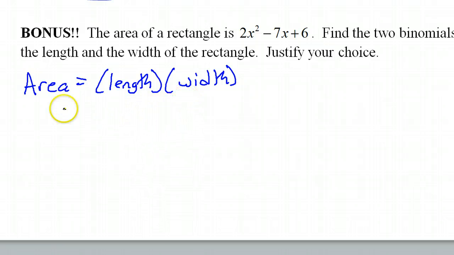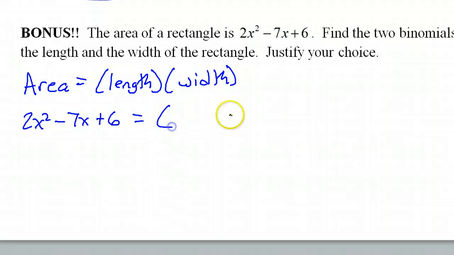Okay, so doesn't this remind you of factoring? They're telling us that the area is 2x squared minus 7x plus 6. So if we factor that, then we're going to get a binomial times a binomial that could be the length and the width. So 2x squared can only be 2x times x.